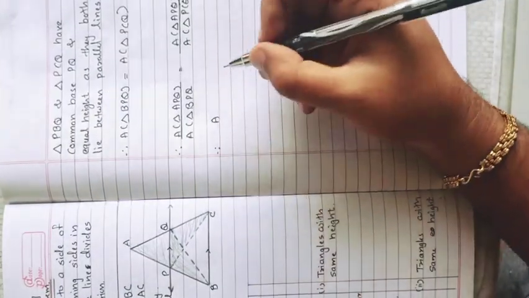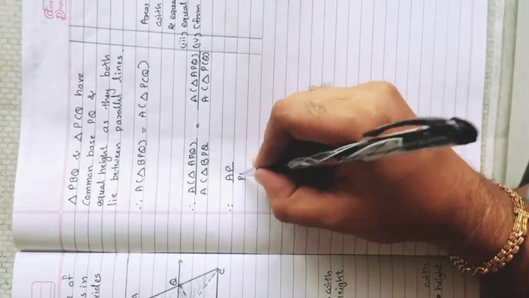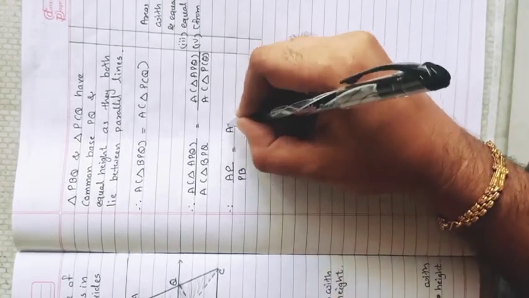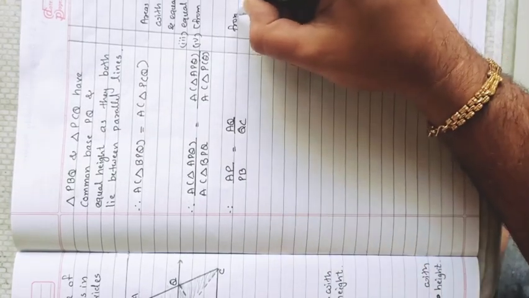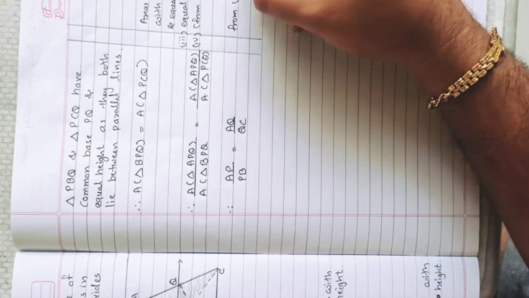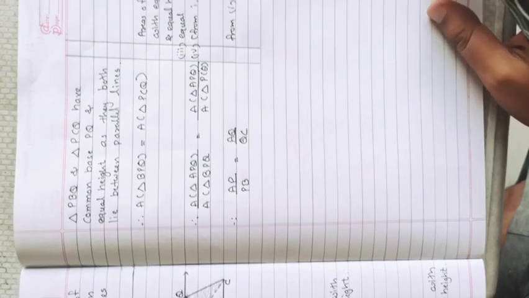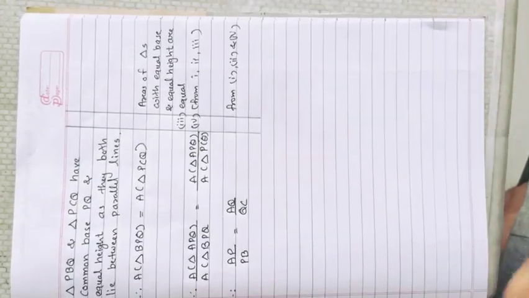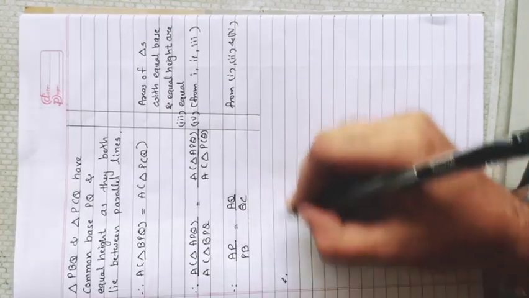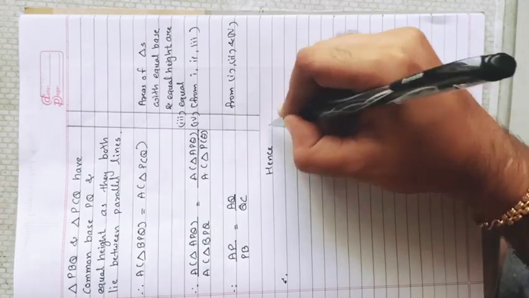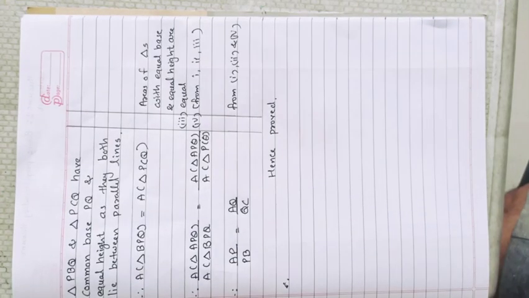Therefore AP upon PB equal to AQ upon QC from 1, 2 and 4. Now hence proved. And this is the basic proportionality theorem.